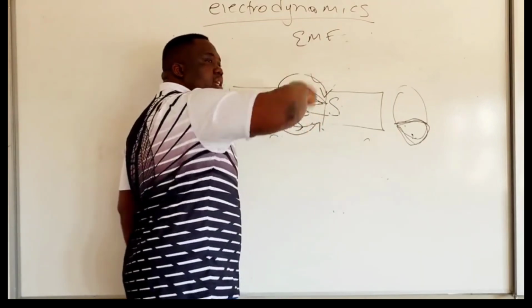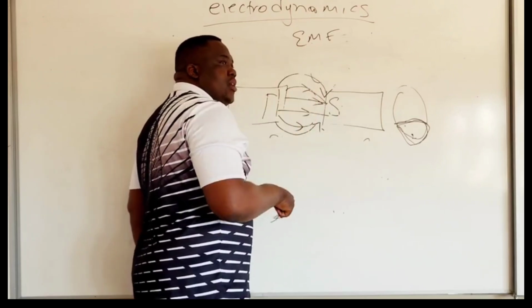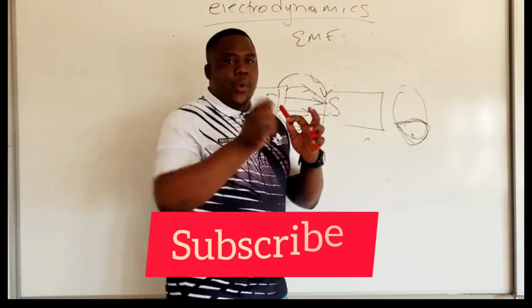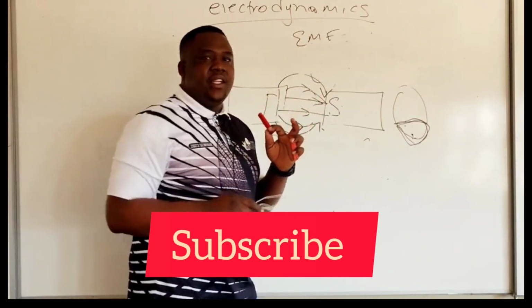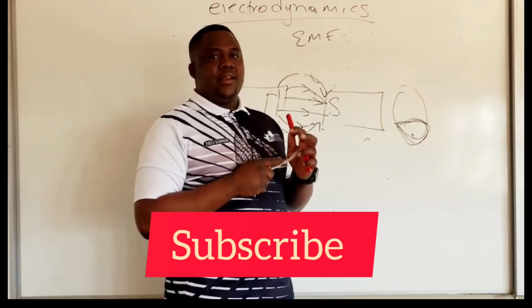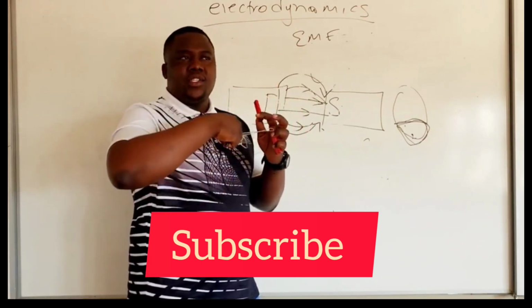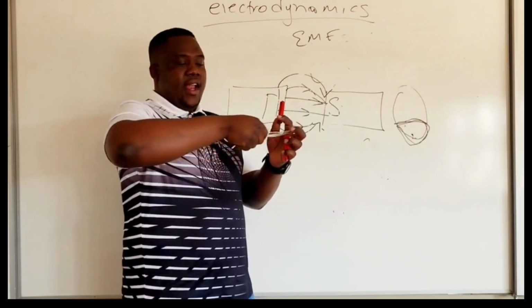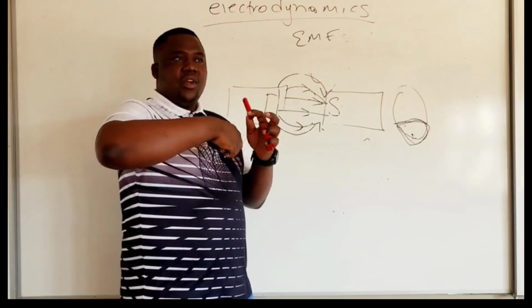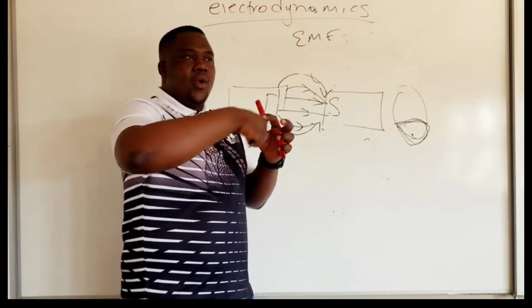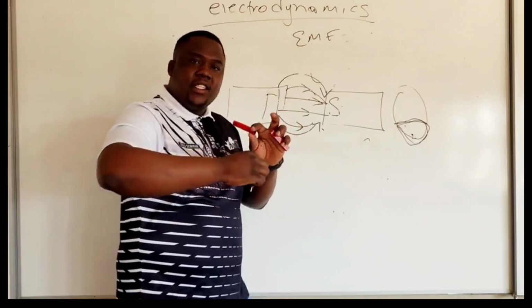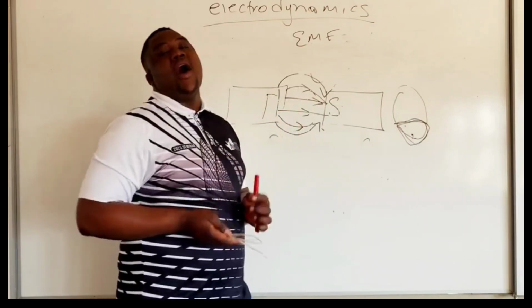As the electric conducting wire moves and it is opposing the direction of the electric field lines, what will happen? That will cause an electromotive force to be generated. There will be a voltage generated in the wire.